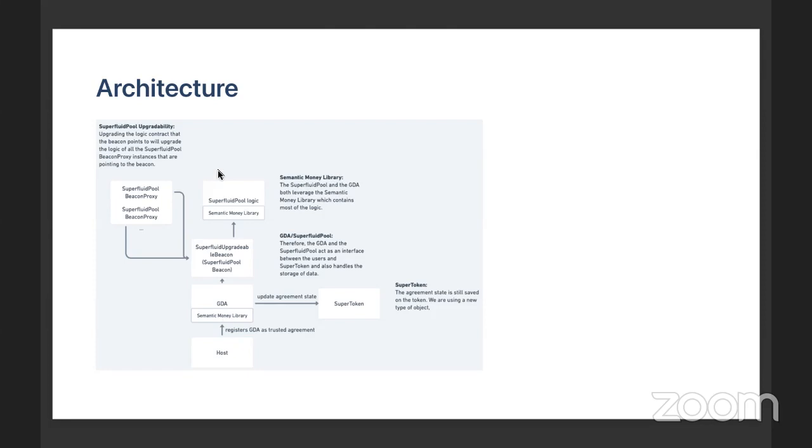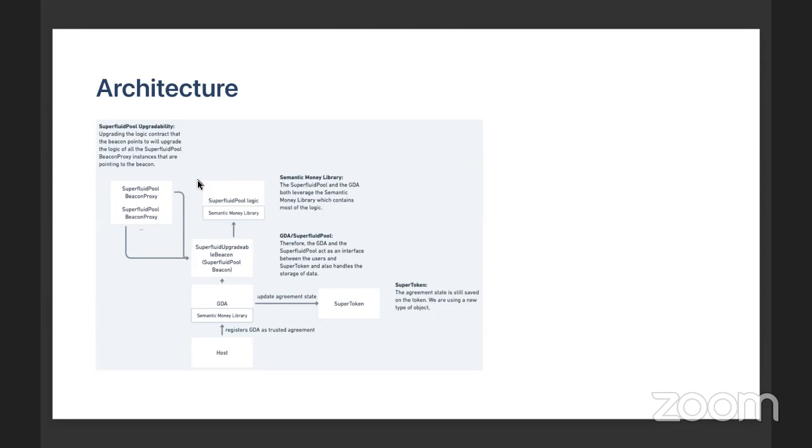And lastly, the more new thing other than semantic money is the beacon proxy pattern. So I chose to do beacon proxy because anyone can create their own superfluid pool. And we possibly would want that whenever you update the superfluid pool logic, all of the proxy pools that are deployed out there to also be upgraded.